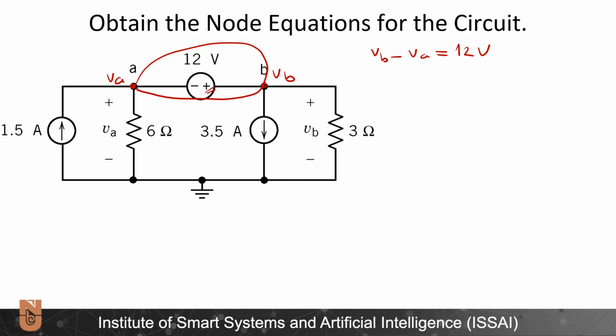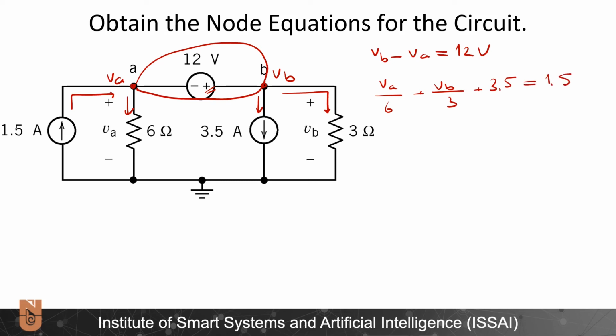And then I will write my Kirchhoff's current law for the supernode. This current will be going out, this is going out, this is going out, and 1.5 amperes is entering. So VA divided by 6 plus VB divided by 3 plus 3.5 will be equal to 1.5.